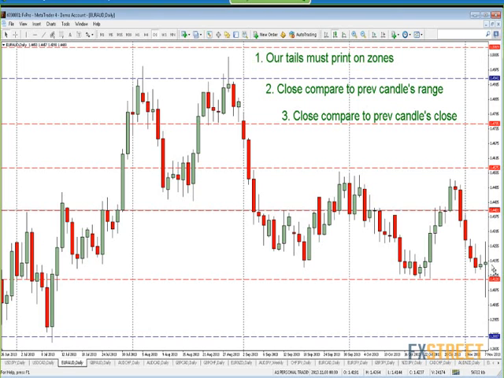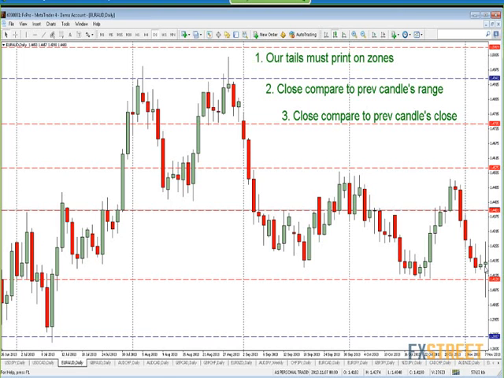Now, how does this compare to the previous candle's close? Well, the previous candle closed at 1.4181, and this candle closes at 1.4190. So what that tells me is it actually closed higher.